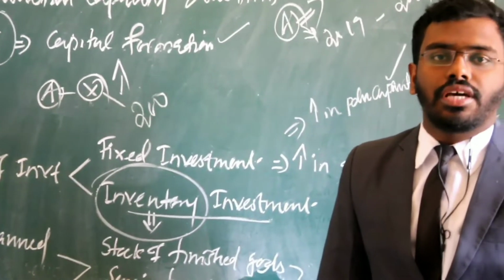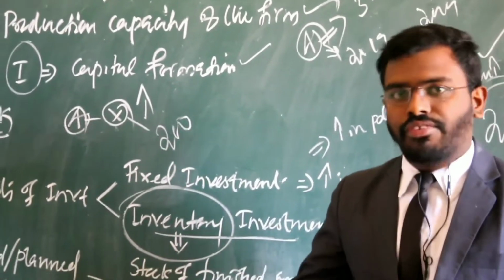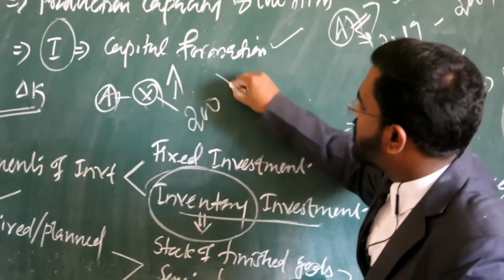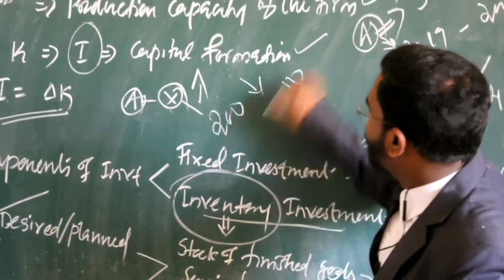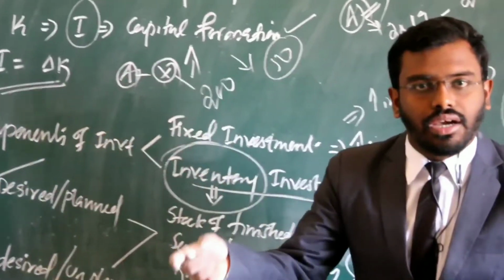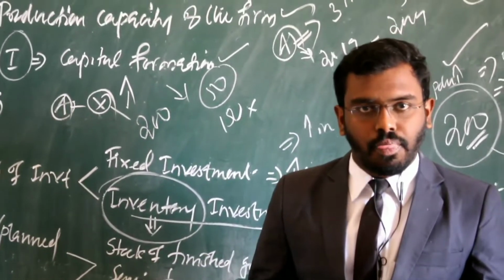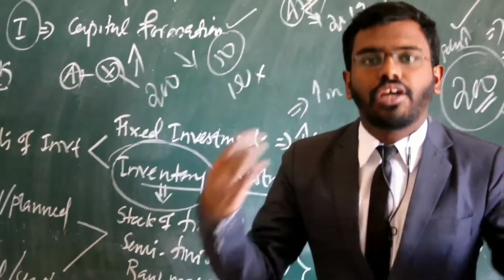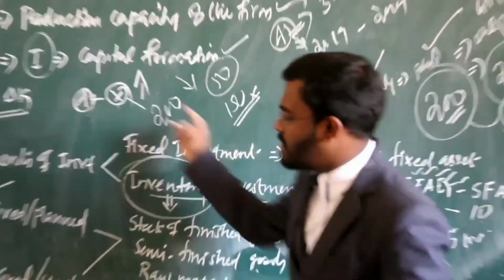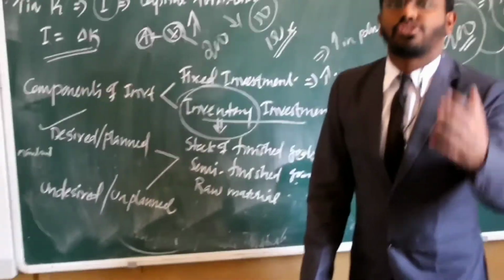But unfortunately, due to some natural calamities or economic recession, or now we are facing COVID-19 also, the demand for commodity X decreased to only 50. Now he can sell only 50 units of commodity X into the market, and the remaining 150 units of X are with himself. That was unexpected. So that's why this 150 units of X is known as undesired or unplanned inventory stock.